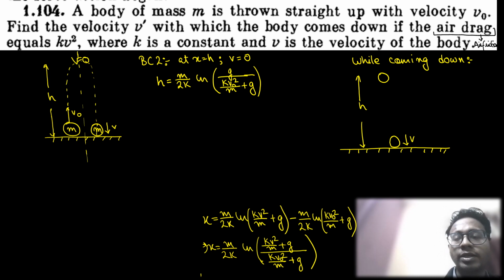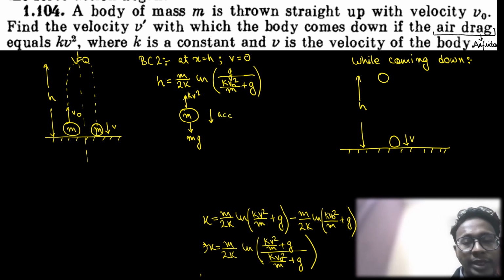What are the forces acting on this ball? mg. Now what is the direction of the drag force? The direction of the drag force would be upward, kv square. Why? Because the drag force is always opposite to the direction of velocity. While coming down, the velocity would be downward, so the drag force would be upward.